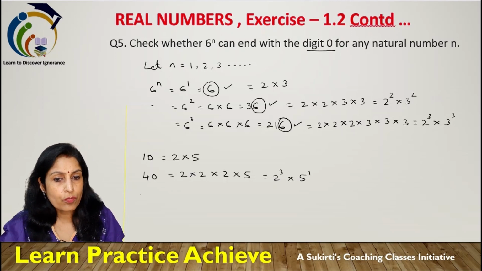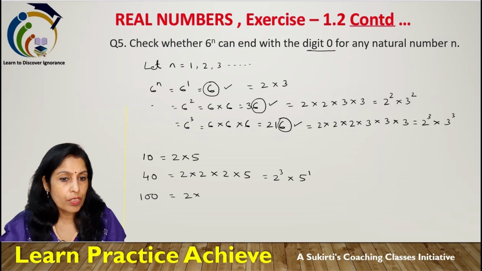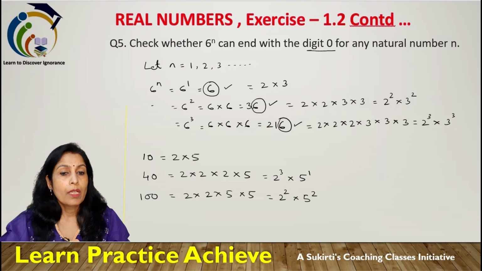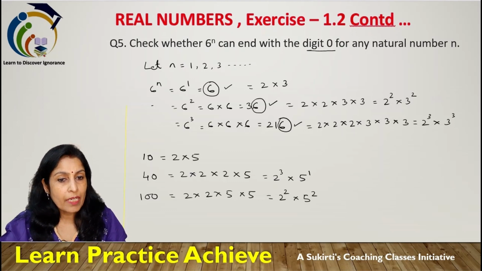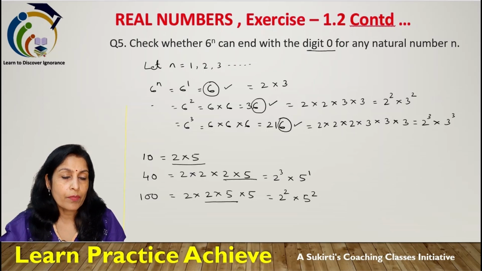Okay, suppose we take 100. That is equal to 2 into 2 into 5 into 5, which means 2 to the power 2 and 5 to the power 2. It means any number which ends with 0 has the factors 2 and 5. Here also 2 and 5, and here also 2 and 5.